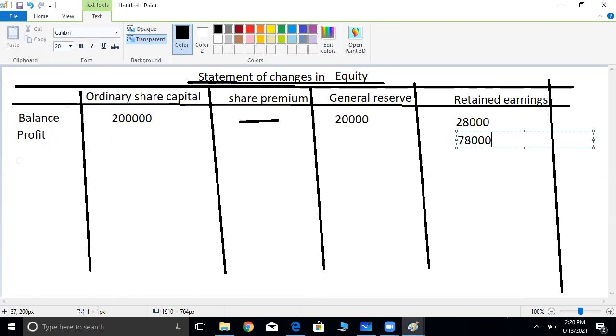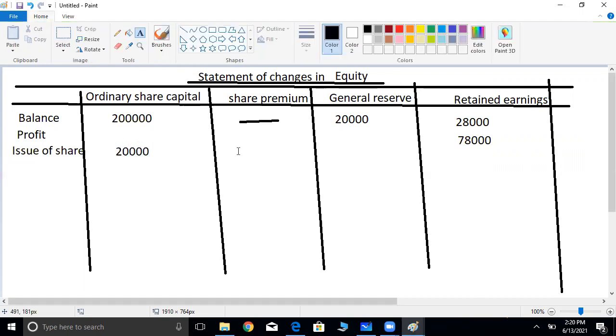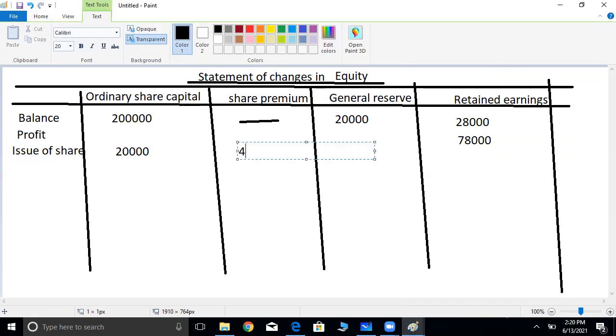Now I have issued shares also, so I will write issue of share. 20,000 shares have been issued with a premium of 4,000. I told you the entry for this, right? So 4,000 will come in the share premium account and share capital will increase by 20,000.